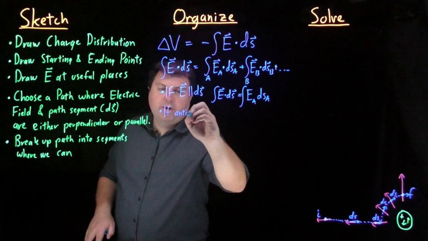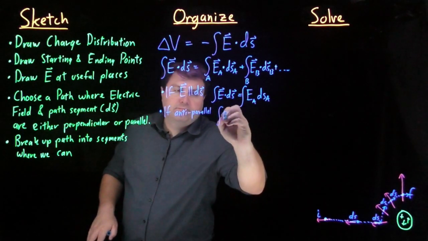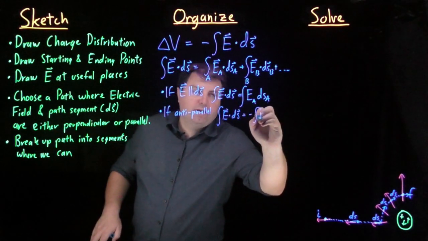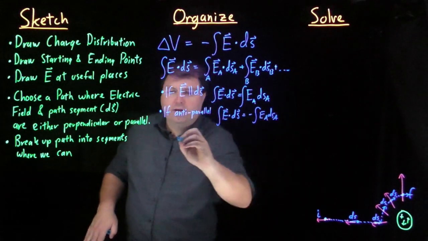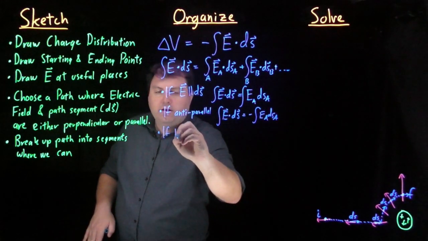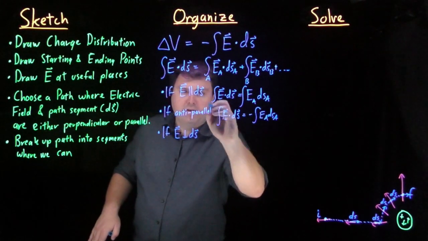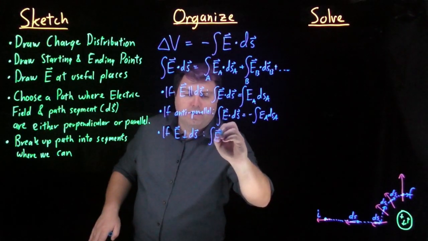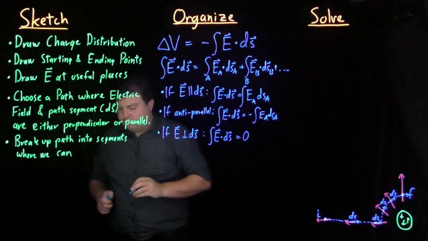If they're anti-parallel, then this dot product introduces a negative sign. And if my electric field is perpendicular to ds, then the dot product will be 0, or this E dot ds is equal to 0.